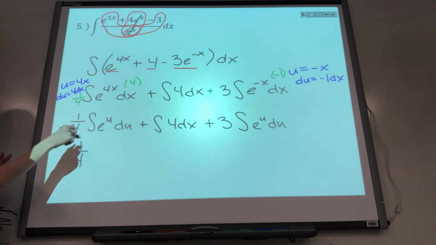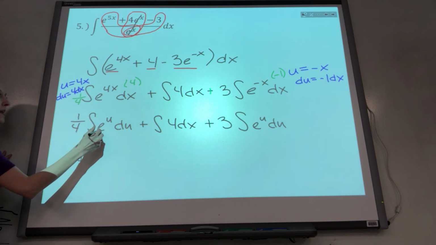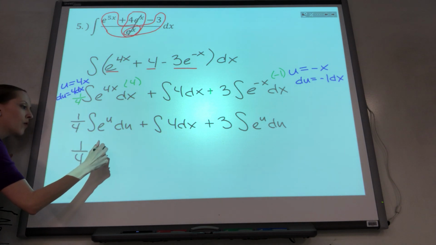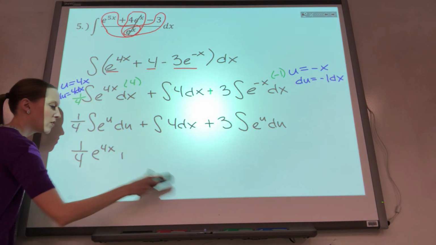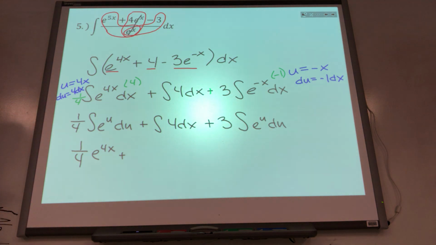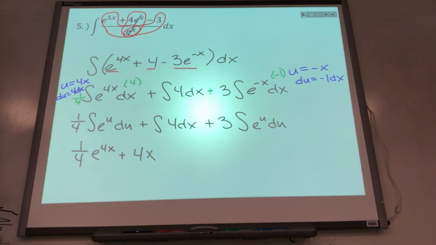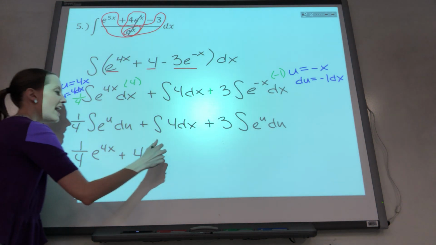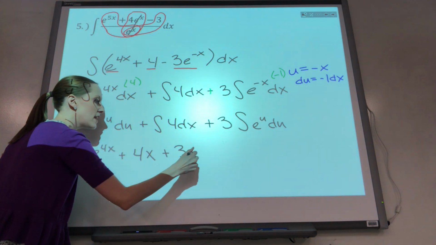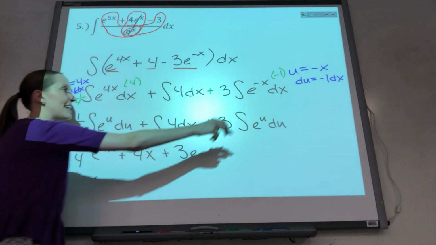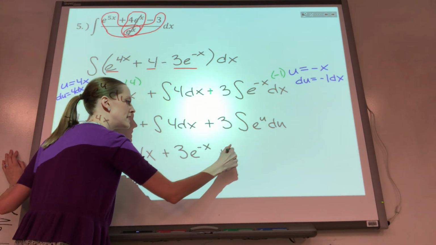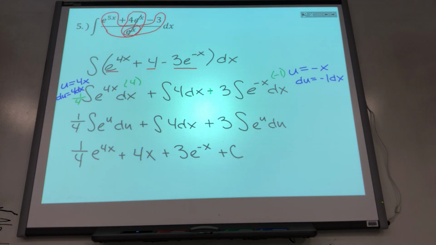Now let's go ahead and integrate. 1/4 e, the u over here was 4x, and I can go ahead and put that plus sign down. I was going to put plus c, but the c doesn't have to come until the very end. So that takes care of the first part, plus when I integrate 4 with respect to x, it's just 4x, and then plus 3 times e to the u over there, which was negative x plus c.